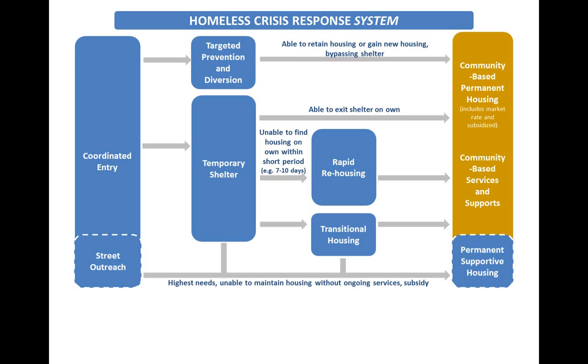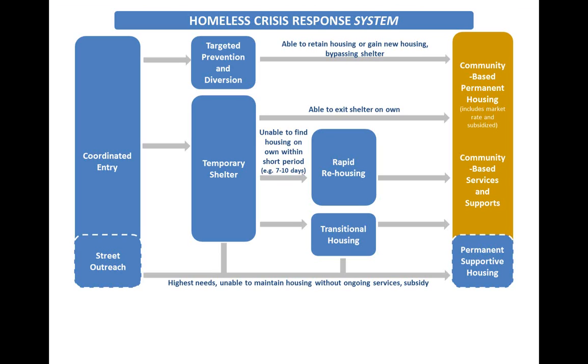A crisis response system typically provides prevention or shelter diversion assistance in addition to temporary shelter. And temporary shelter can be an emergency shelter, a faith-based provider, day space, maybe vouchers for motel use, any kind of safety net service for persons who are literally homeless.